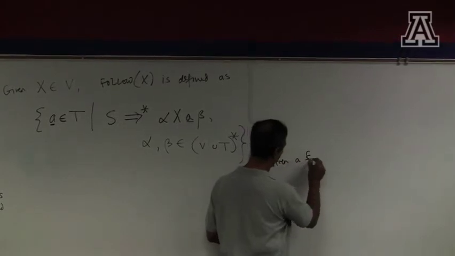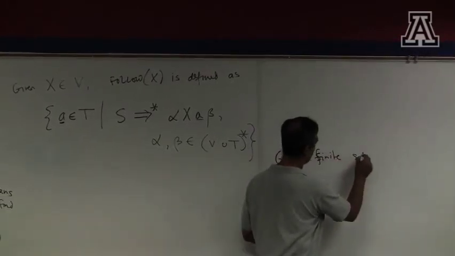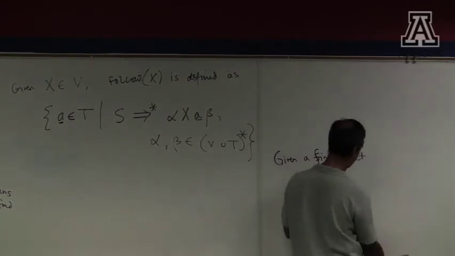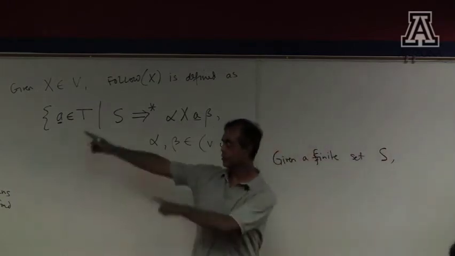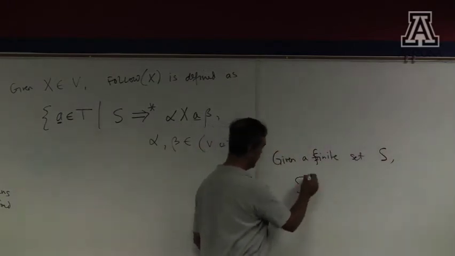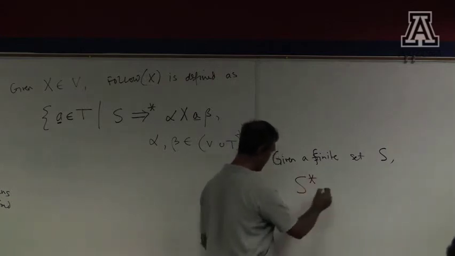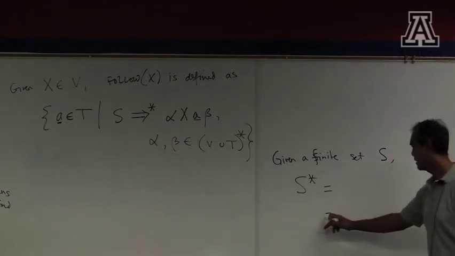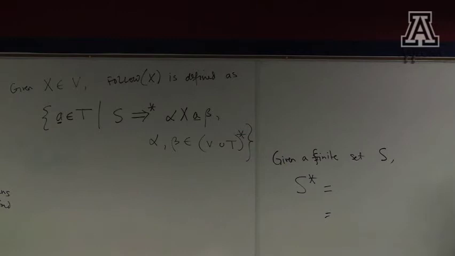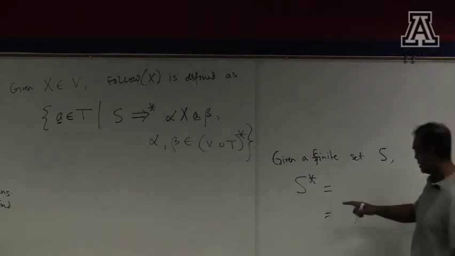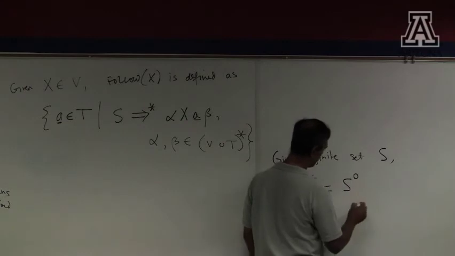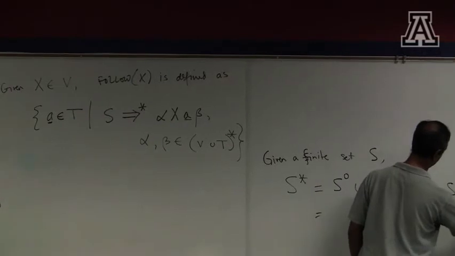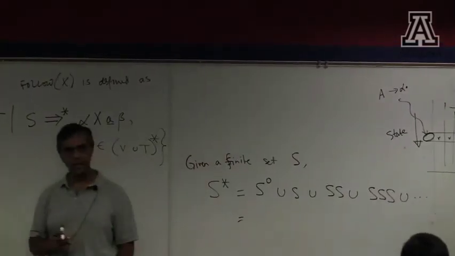Yeah. So given a finite set, let's say, I'm running out of symbols here, that shouldn't be the case. Let's say S. So this S is different from that S, okay? Given a finite set S, S star is defined to be S to the 0 union S union SS union SSS, and so on ad nauseum.